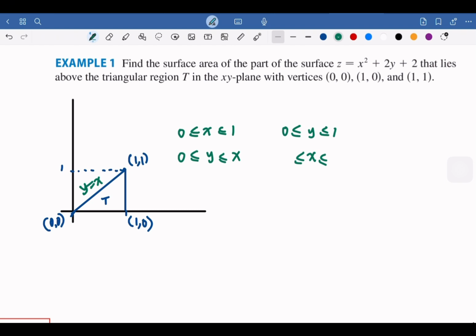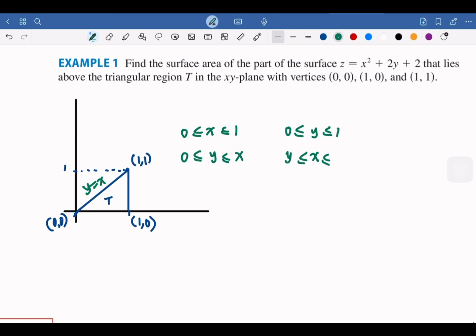So that must be the right side. So x should be from this to this, right? Agree? So this will be y to 1. So you can choose, you can go for this or this one. And sometimes both will have the same complexity, so you can just choose whichever.